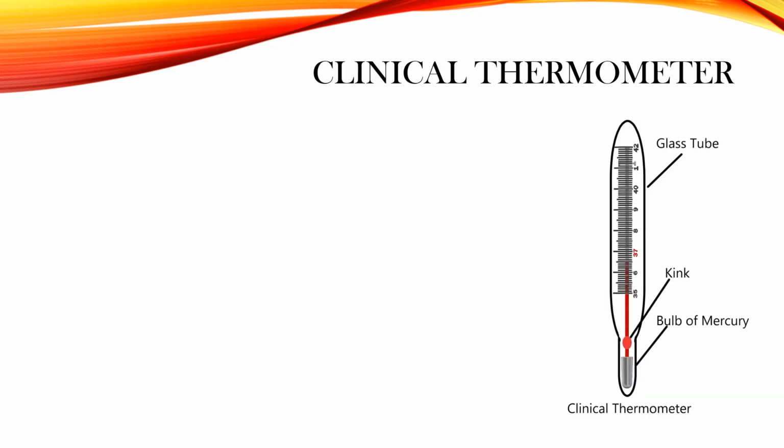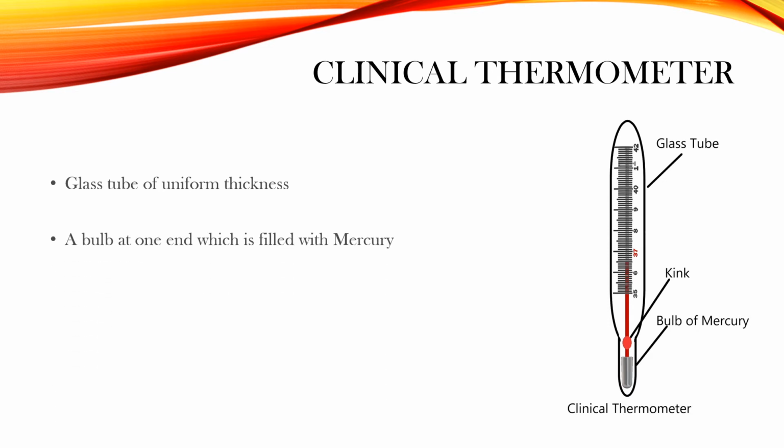Now let's have a detailed analysis of the clinical thermometer. As I have already mentioned, clinical thermometers are used to measure human body temperature, and it is made up of a glass tube of uniform thickness, and the glass tube contains a bulb at one end which is filled with mercury.